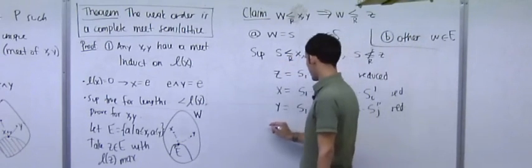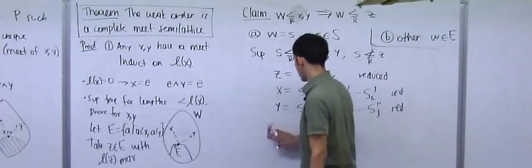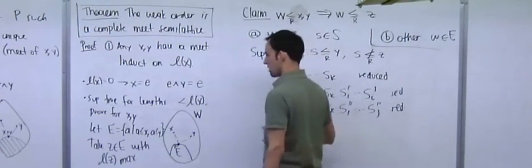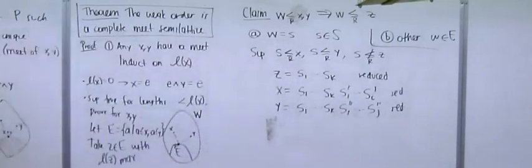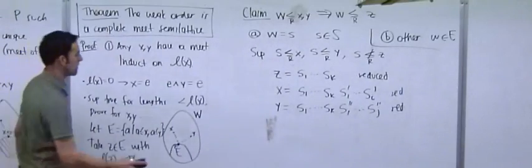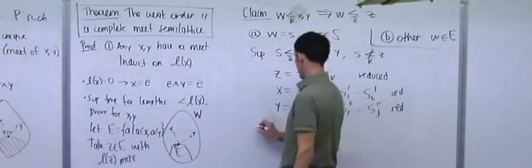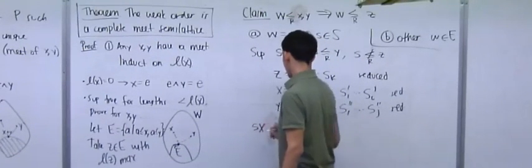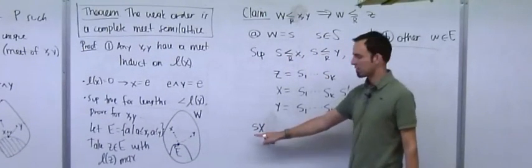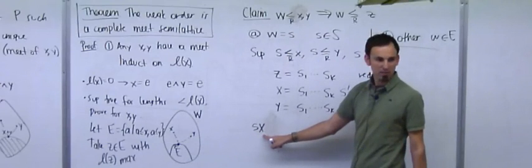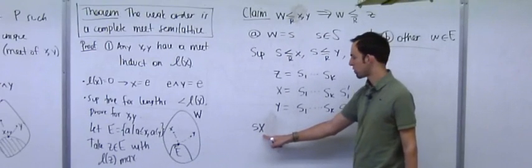And that means that if I multiply x by s on the left, since x can be written as starting with s, that's going to make me shorter.